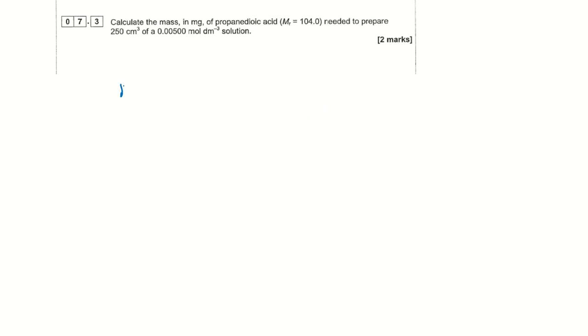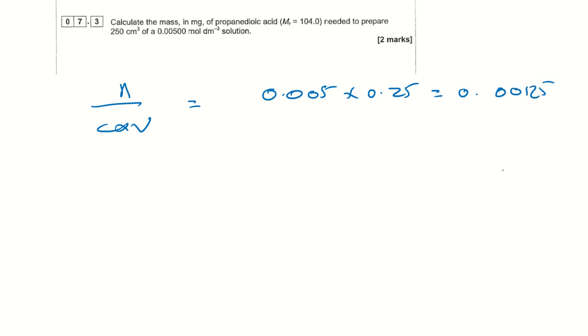Okay, so how many moles do we need? Well, n equals c multiplied by v. So the c is 0.005, the v is 0.25. Okay, that means the moles of propanoic acid that we're going to need to make this up is 0.00125 moles of propanoic acid.